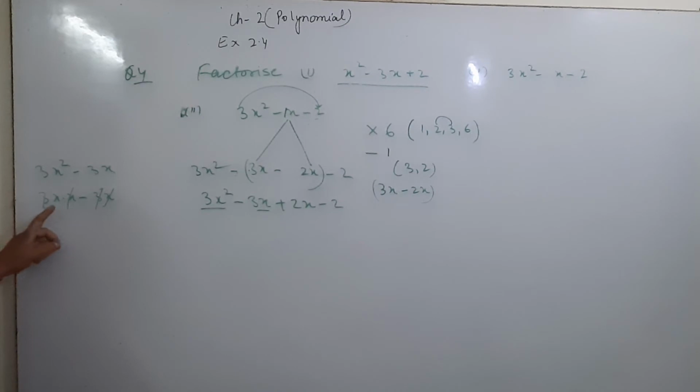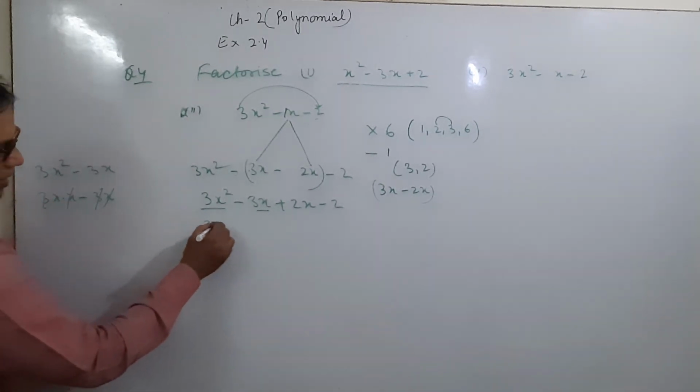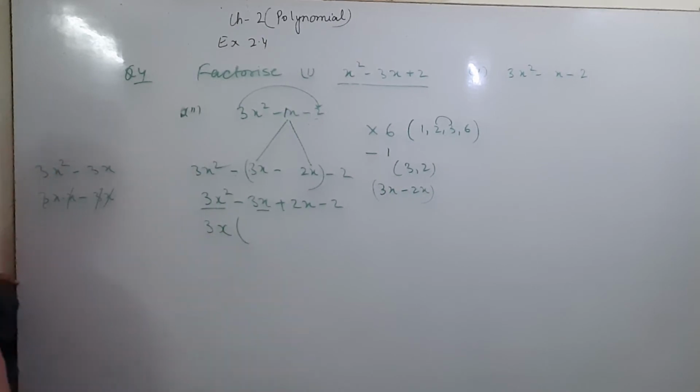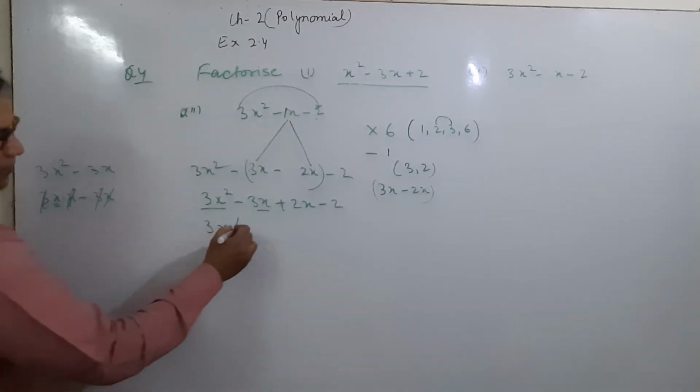That means 3 is common between these two terms and x is common between these two terms. So the common factor is 3x, and now put a bracket. Here 3 and x are common. What is left? x is left.